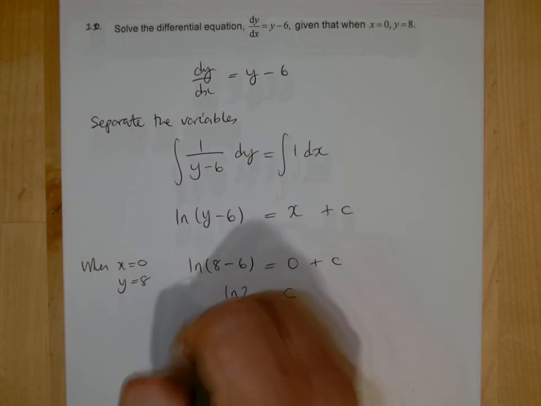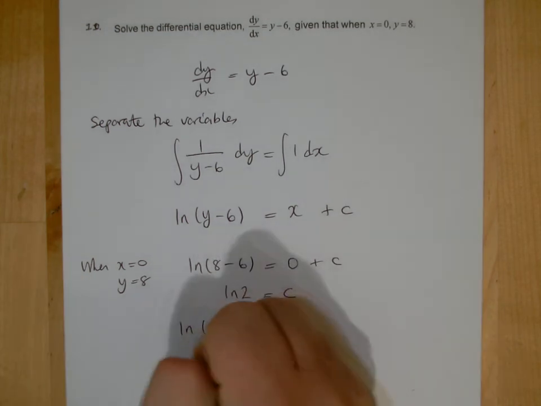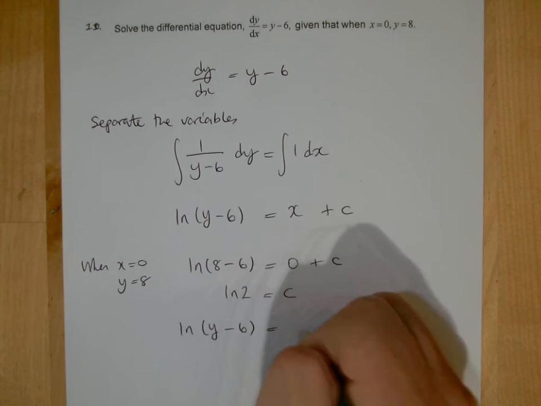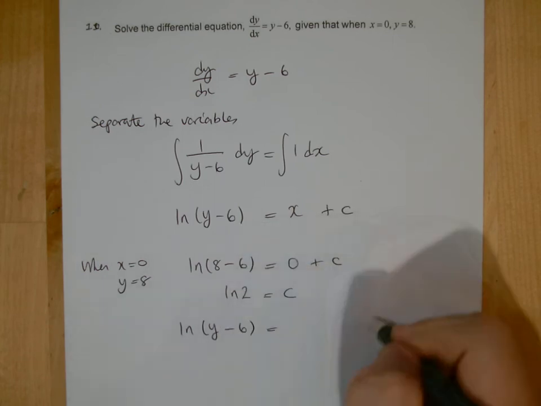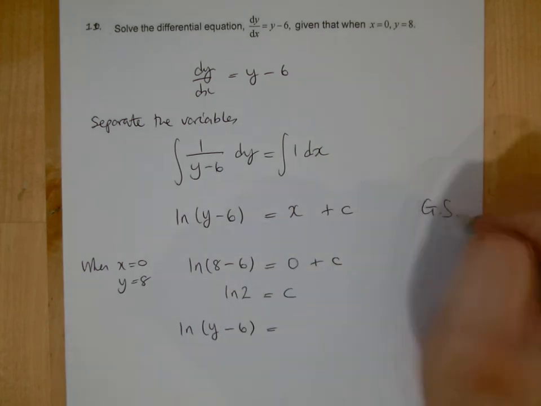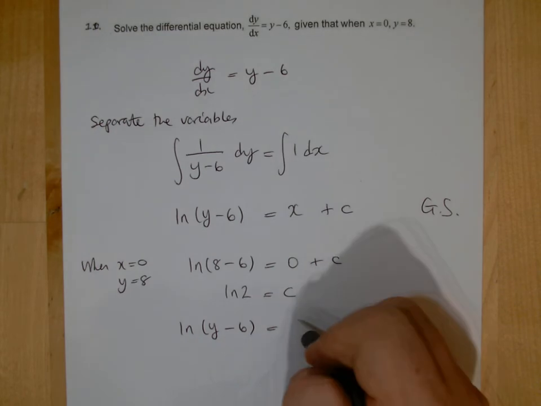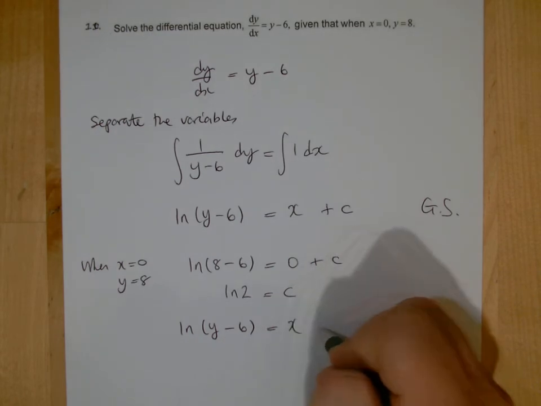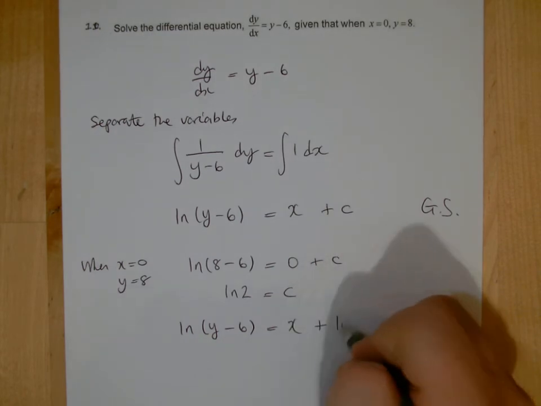So going back then to our general solution here, ln of y minus 6 is equal to x plus ln 2.